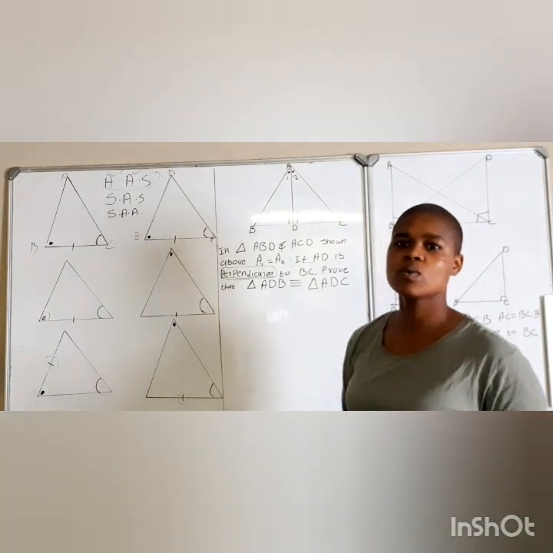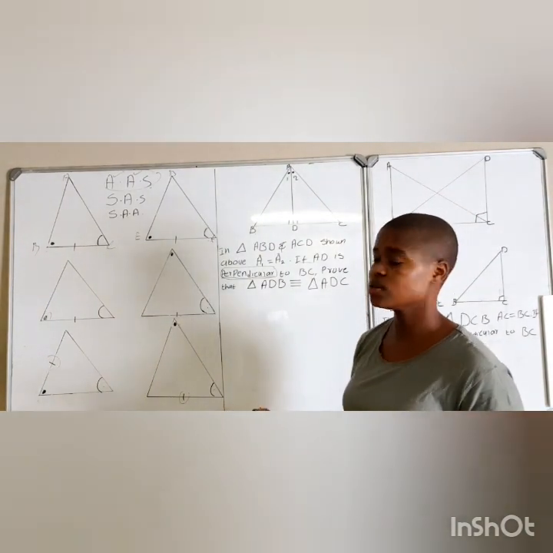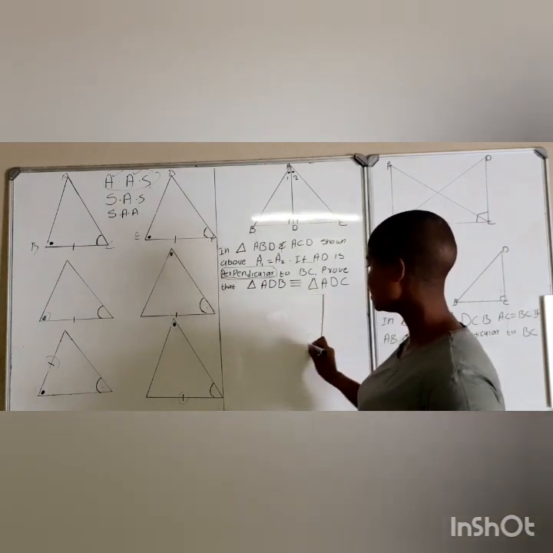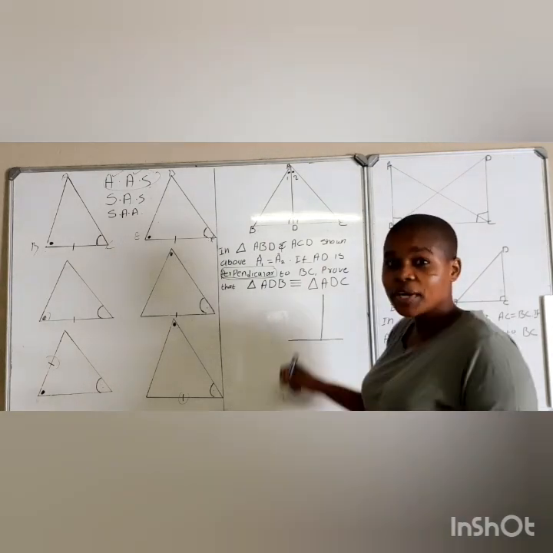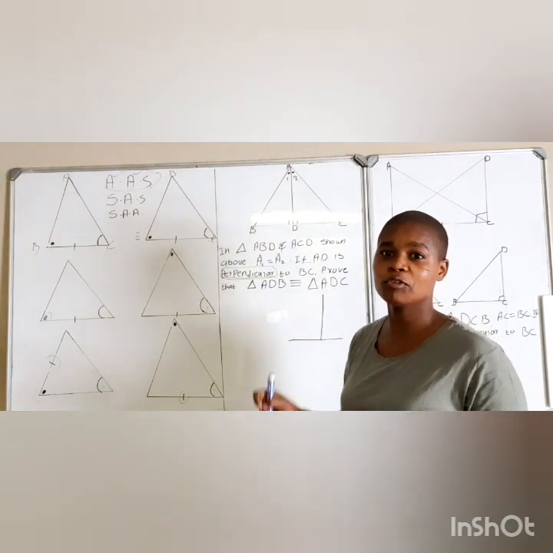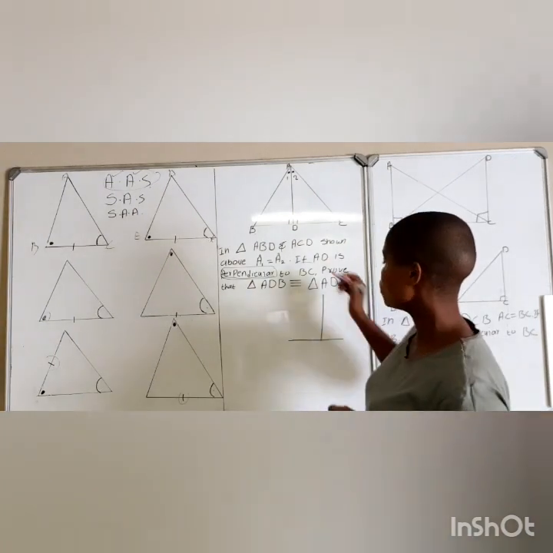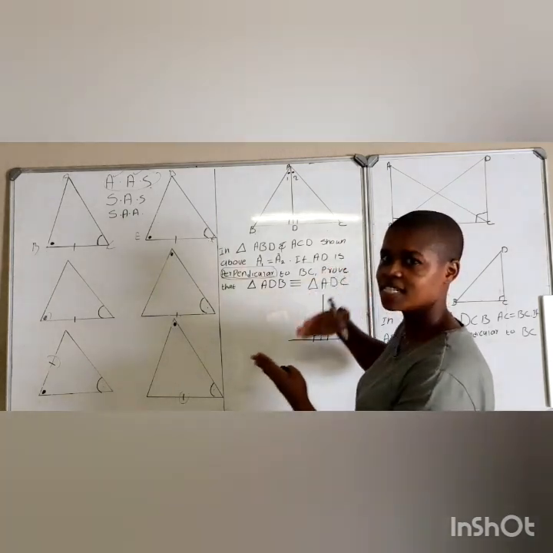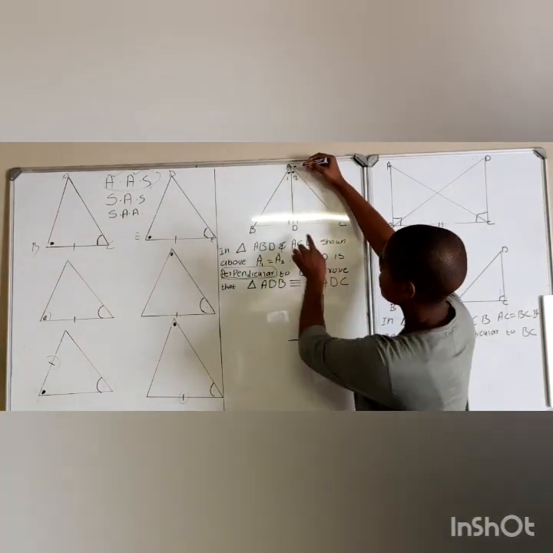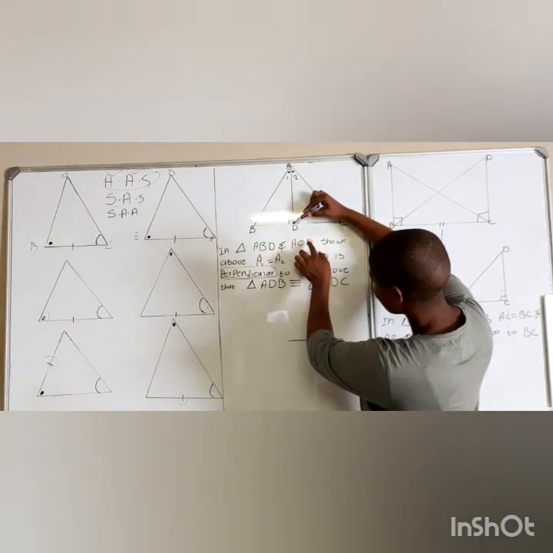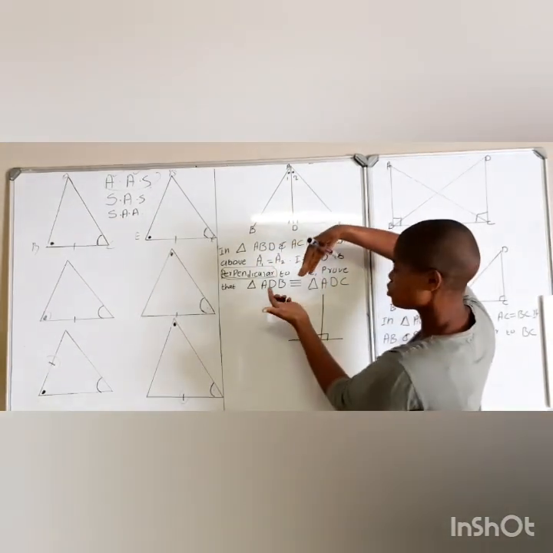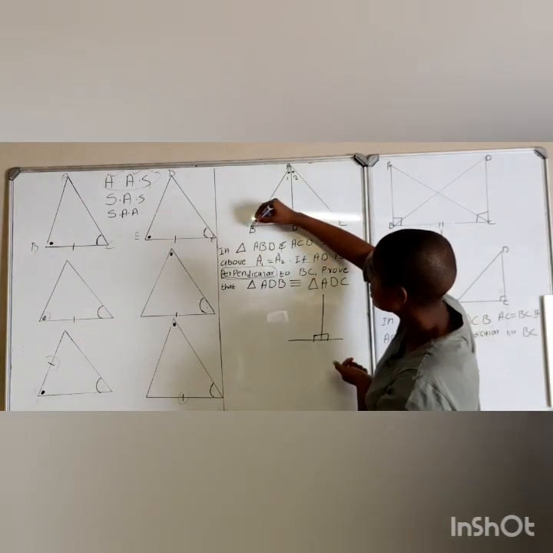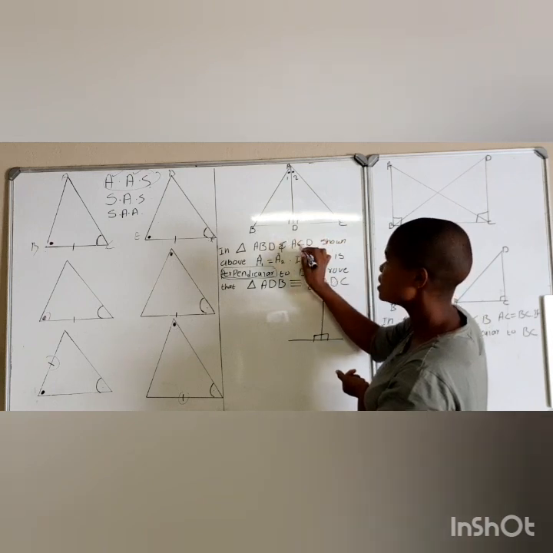Let us address this word, perpendicular. What does it mean when they say that lines are perpendicular? It simply means that when two lines intersect, at their point of intersection an angle of 90 degrees is formed. For instance, here we've got AD, which crosses BC. Where AD meets BC, an angle of 90 degrees is formed.